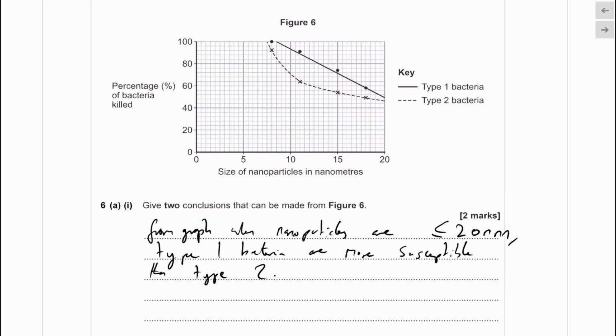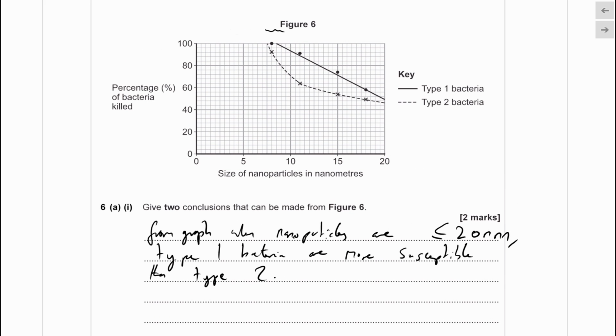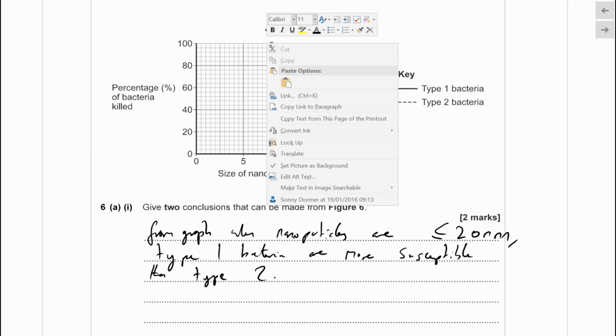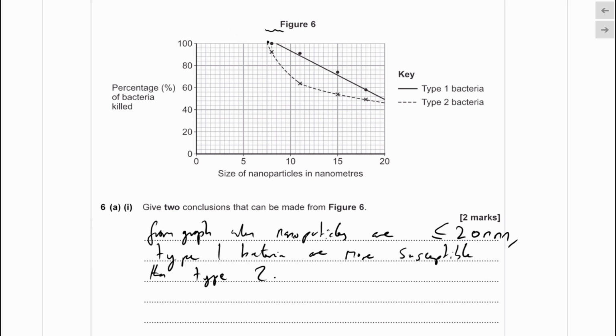What else can we say? Well, if we have a look around about this point here, I can see that type 2 bacteria are 100% killed at this point, which is bang in the middle of 5 and 10, so that's going to be 7.5, I believe. And at this point, all of the type 1 bacteria are killed, and bearing in mind that it goes up in 0.5s, this is therefore 8.5.